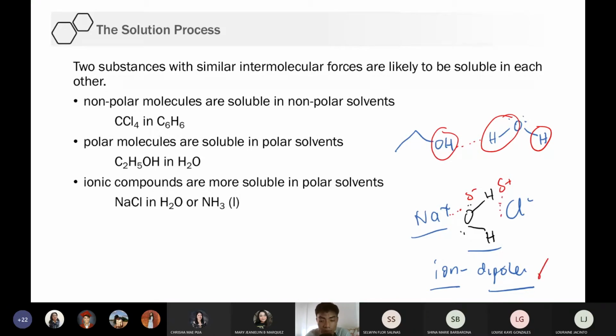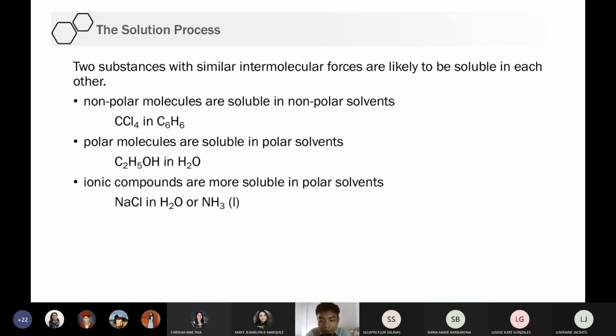So, that's ion dipole interaction. Okay? So, ganun lang. So, you should check, no? Pag may London dispersion forces dyan, dapat ang kasama niya, London dispersion forces din. Okay? Pero kapag yan ay dipole or ionic o kaya hydrogen bond, kailangan yung kasama niya ay isa sa mga yon. Okay? So, you can prepare your solution there.